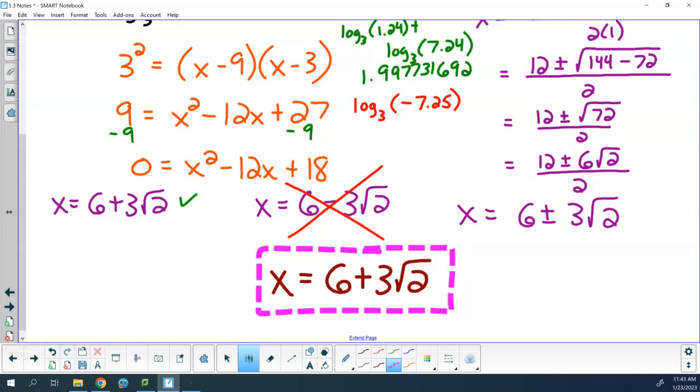Some of the time, you might get where both answers work. The way you figure that out is you have to check all of your answers. It is not an option for you to not check your work.